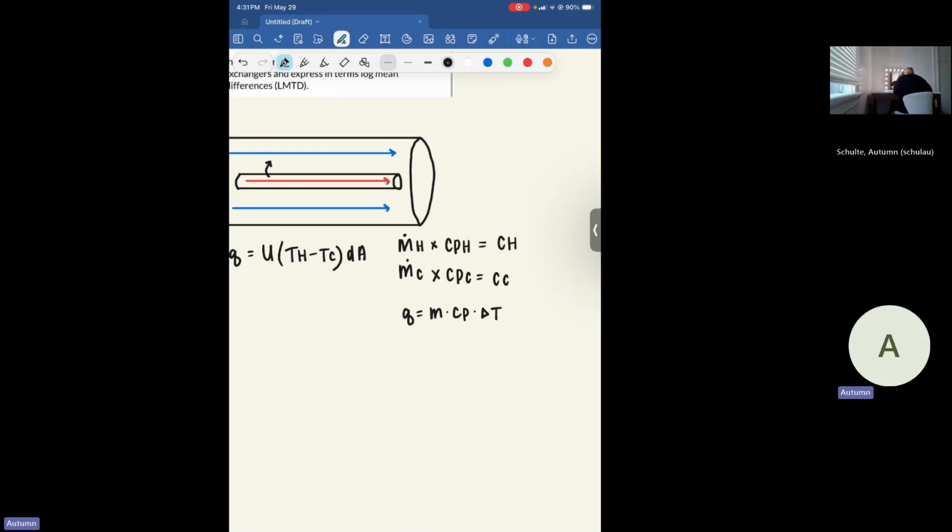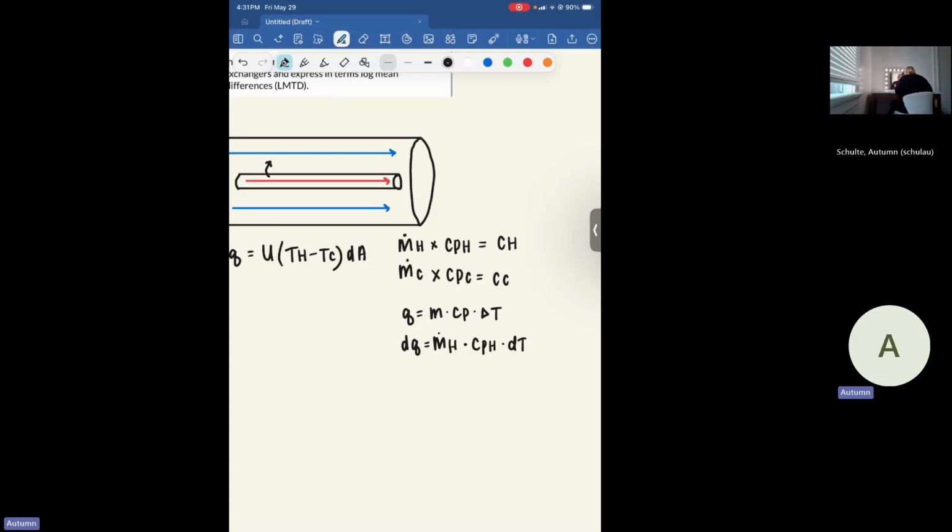If we remember that equation, then we can put our two equations that we just made in terms of that. So the derivative of our heat flow is equal to, if we start off with our hot stream, the mass flow rate of our hot stream multiplied by the heat capacity of our hot stream times this change in temperature dT.